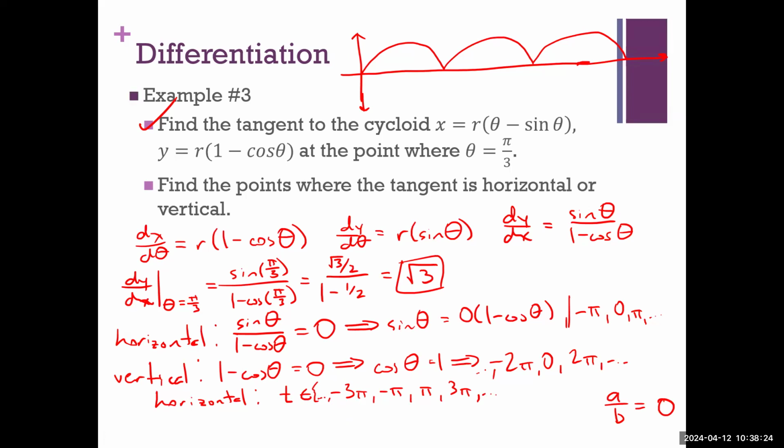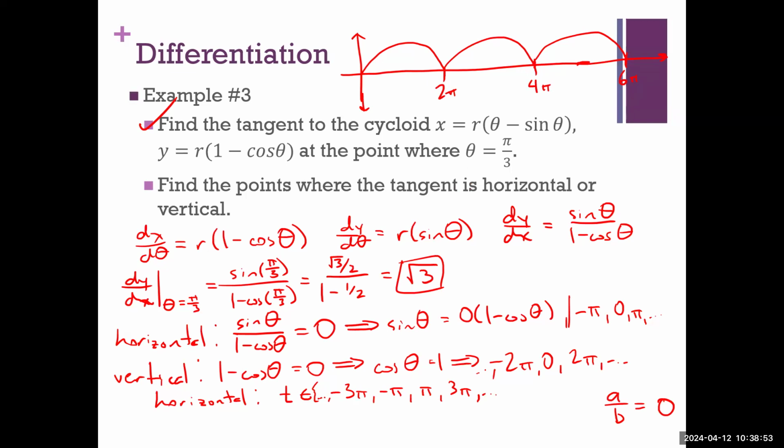So what is the tangent doing at 2 pi? Vertical, right? So if I peel back to this curve here, this is 2 pi, this is 4 pi. So these are where the vertical tangents are, right? Where did we just say the horizontal tangents are?